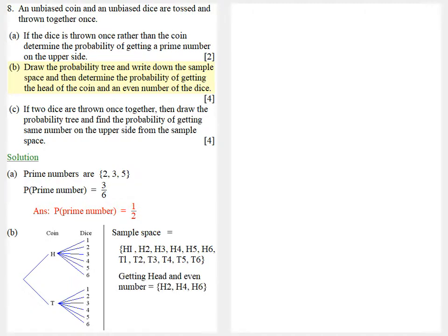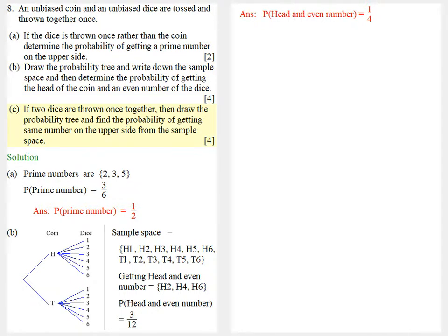Now, if we're going to get a head and an even number, the possible outcomes are H2, H4 and H6. So the probability of getting a head and an even number is 3 out of 12. Well, that cancels down, so the probability of getting a head and an even number is a quarter.